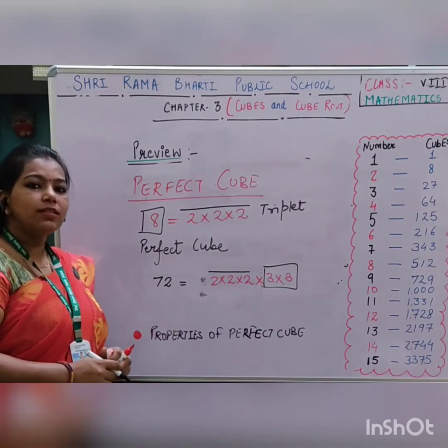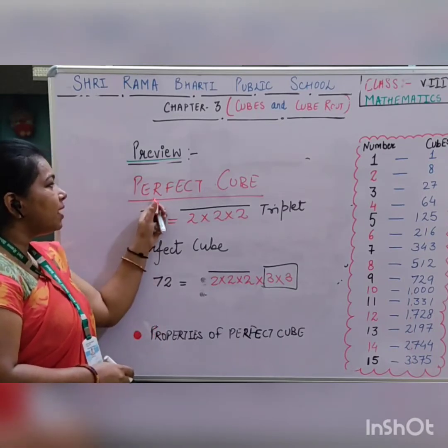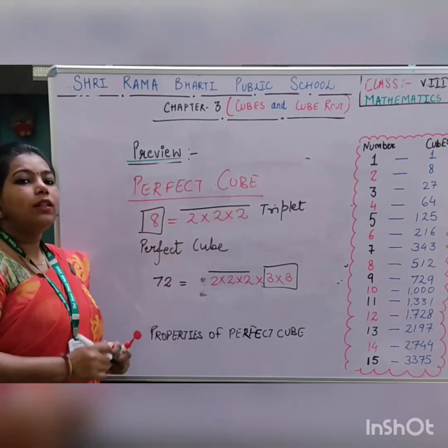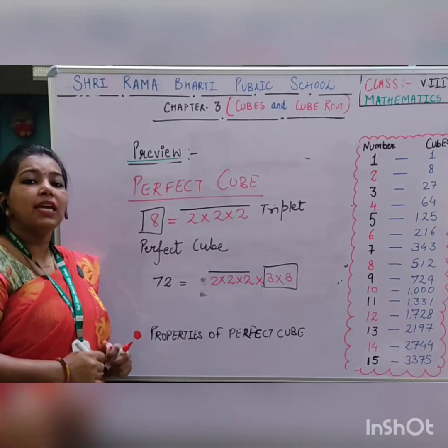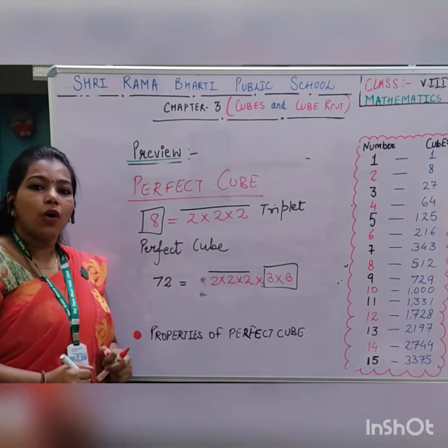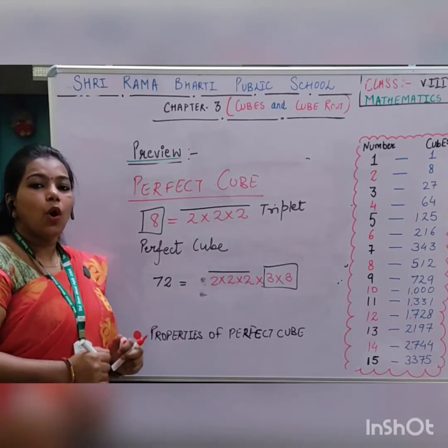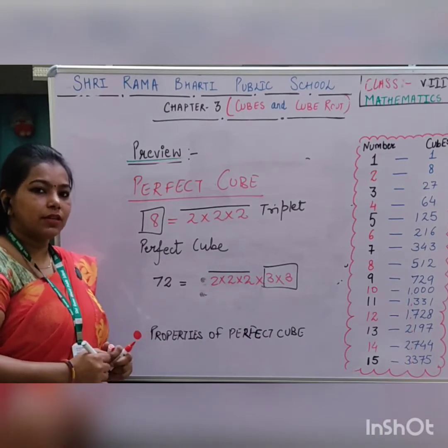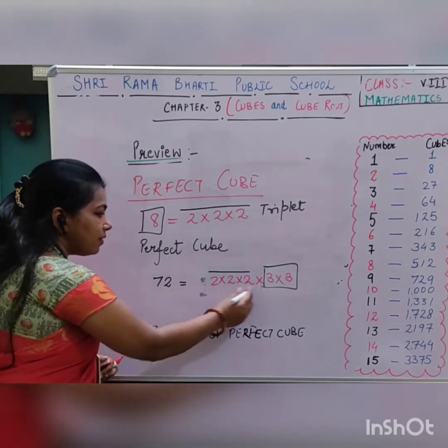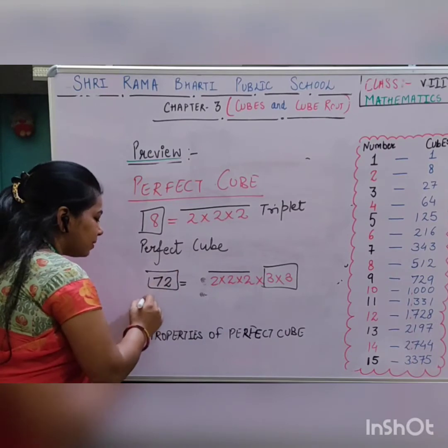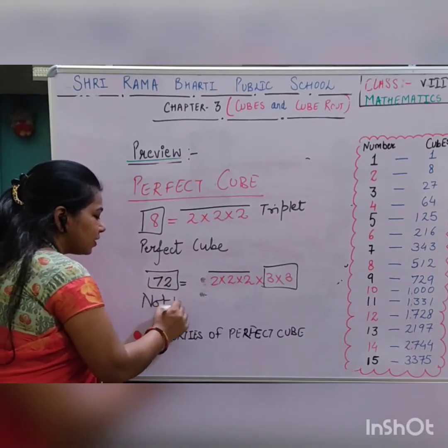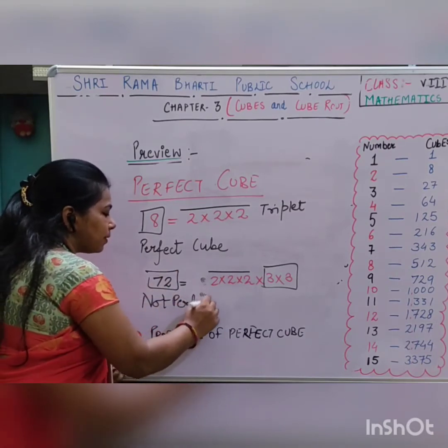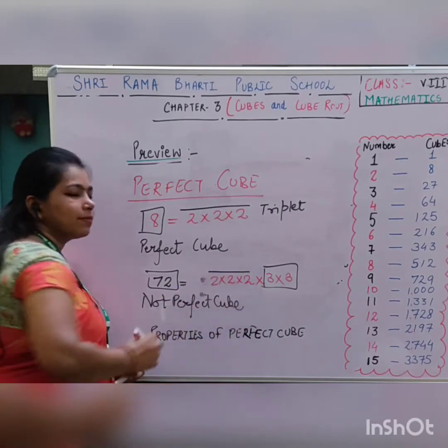No, we cannot say, because for being a perfect cube, all the prime factors should be in triplets. They should form a group of three numbers, right? So we cannot say that this number is a perfect cube. It is not a perfect cube.